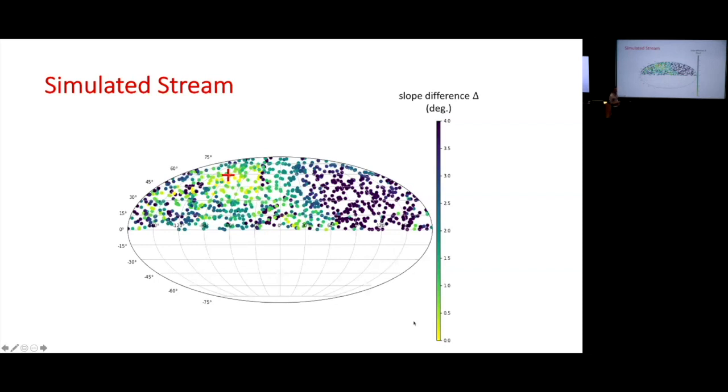That tells you about the precision that we need in order to detect the slope difference. The red cross there is the real orientation of the minor axis in this particular simulation at around 50 kpc. We see that the location of the bright spots is aligned pretty nicely with the location of the real minor axis in this case.